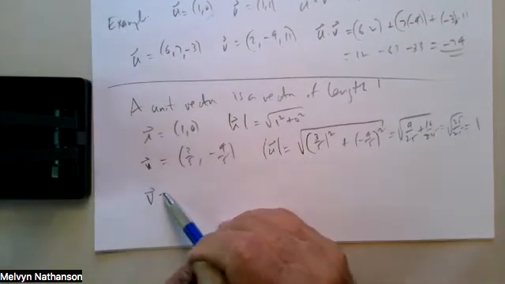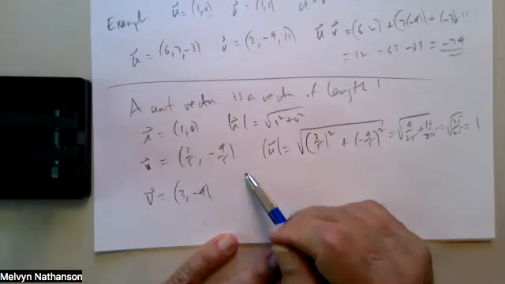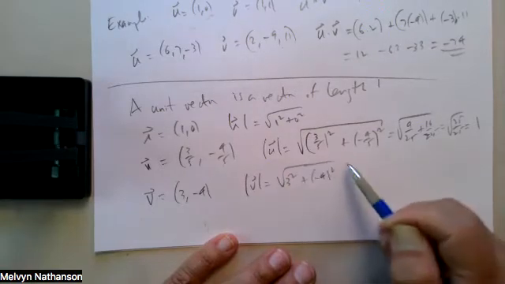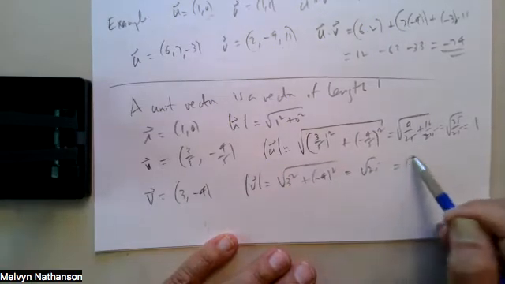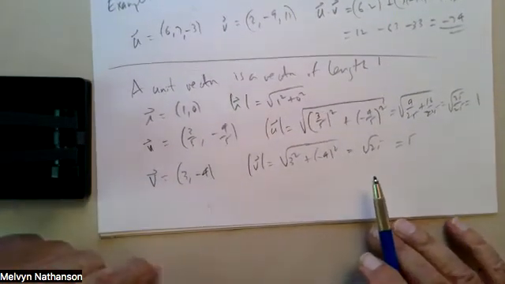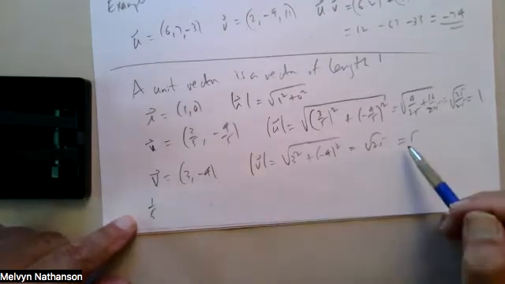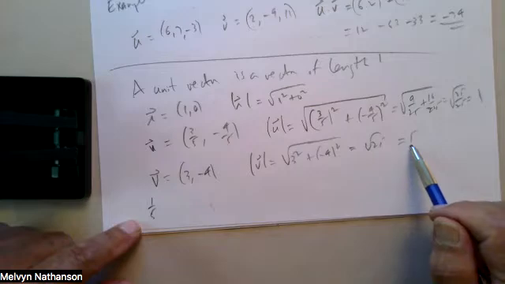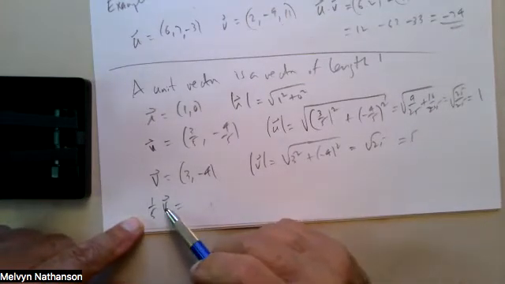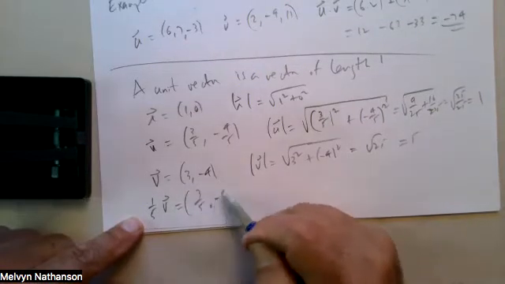Suppose I take the vector v, whose coordinates are (3, -4). The length of v is the square root of 3 squared plus (-4) squared, which is the square root of 25, which is 5. So this is not a unit vector. But if I take the vector v and multiply it by the reciprocal of its length, or divide by its length, so 1/5 times v, when you multiply a vector by a scalar, you multiply each coordinate by the scalar.